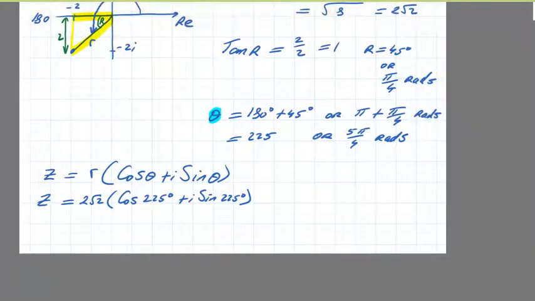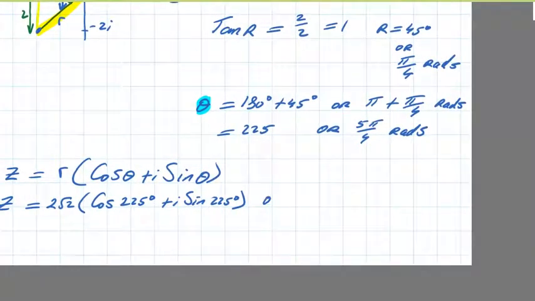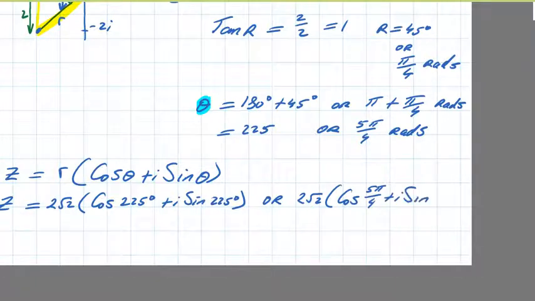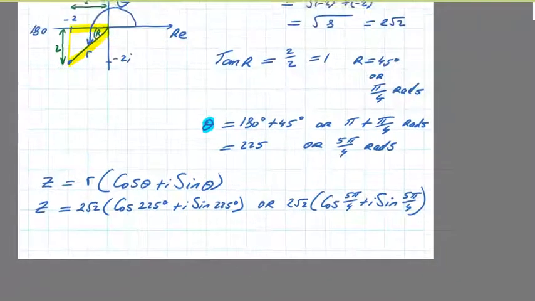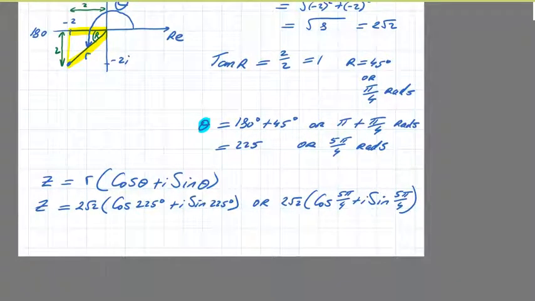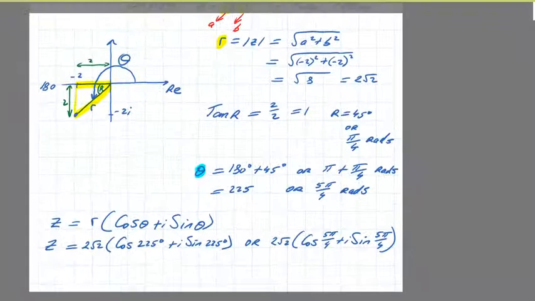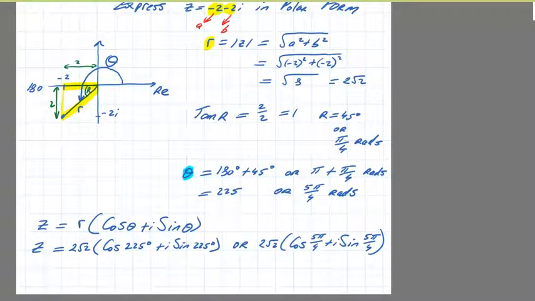Or if you want to work in radians, depending on what the exam question wants, you could say 2 root 2 cos 5 pi over 4 plus i sine 5 pi over 4. And there it is in polar form, in degrees or in radians, whichever you prefer. That's the end of the lesson on polar form.